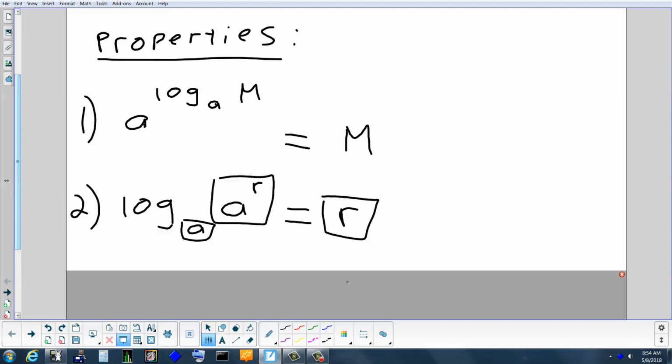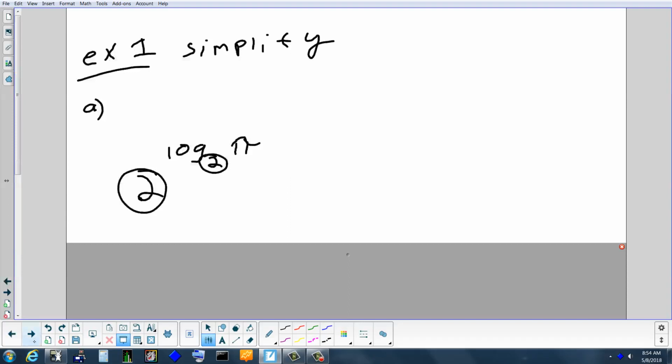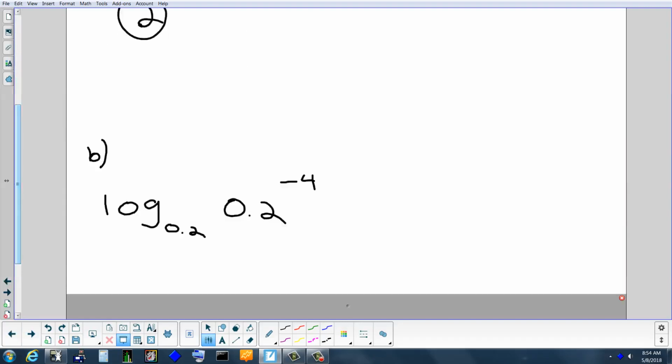So this says log base A of A to the R. A similar thing happens if this and that match. I'll show you an example, like in this problem, log base 0.2 of 0.2 to the negative 4.